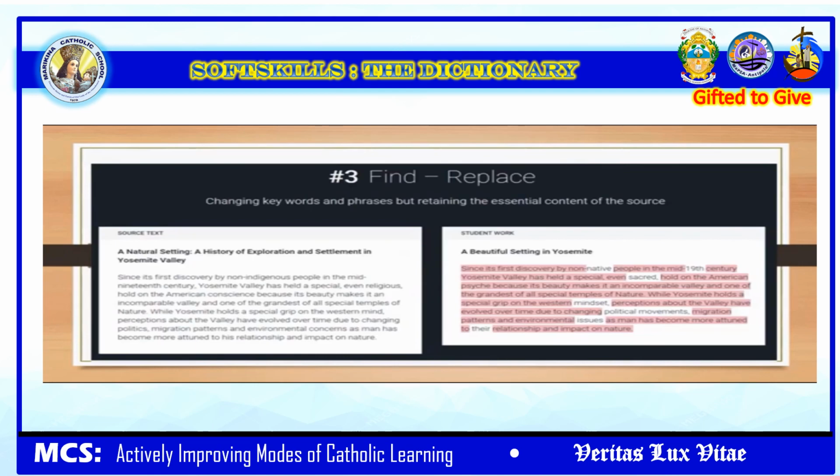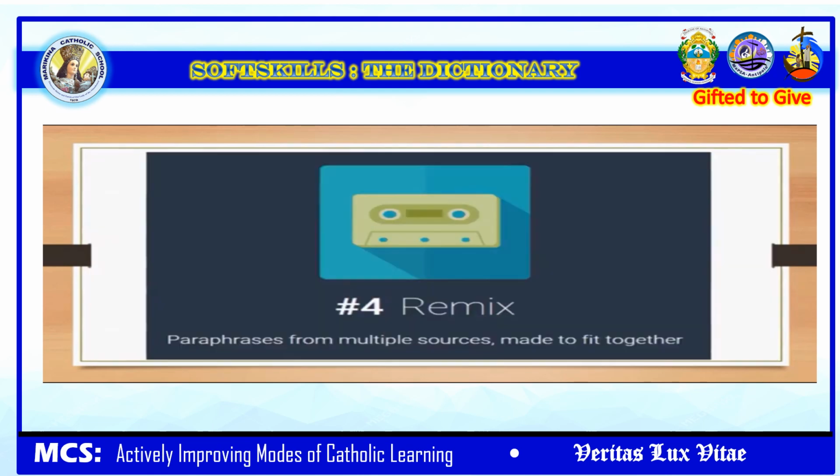Here's an example of find and replace plagiarism from Turnitin. You can see certain words have been replaced in the student's version, such as non-native instead of non-indigenous, and sacred instead of special. Without paraphrasing, using quotes, and adding citations, this is another obvious example of plagiarism.